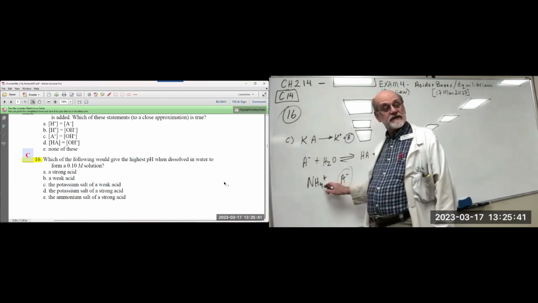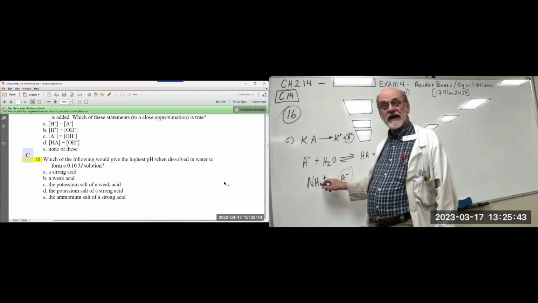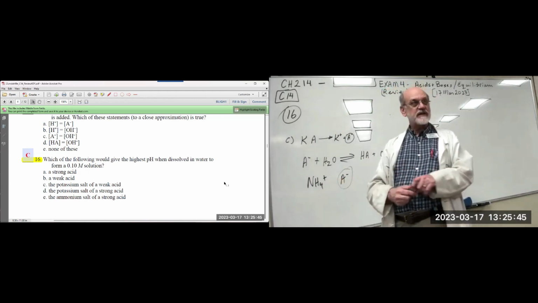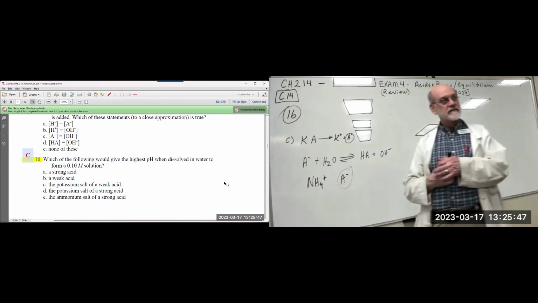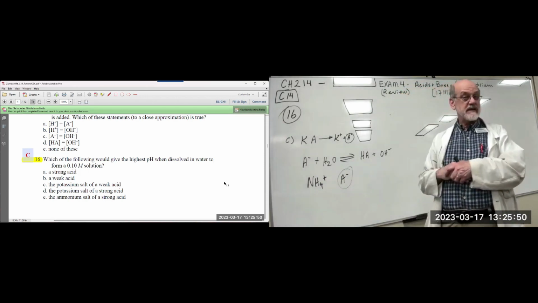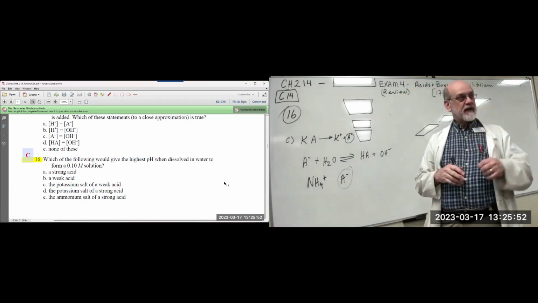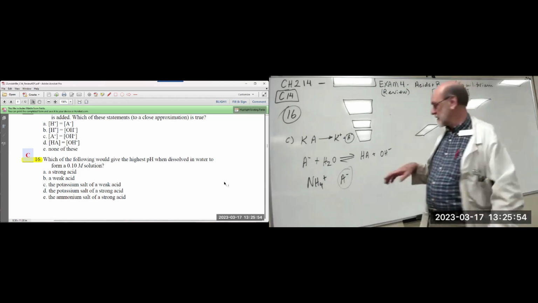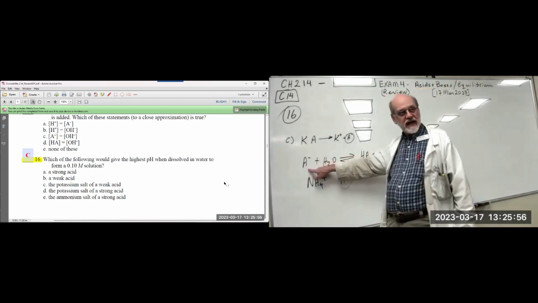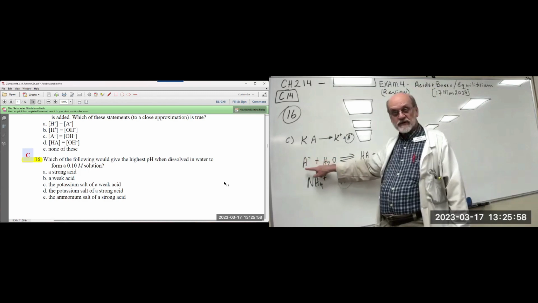And this, if it dissociates at all, is going to produce hydrogen ions. So that's going to be an acidic solution, right? So the best answer is C. The conjugate base of the weak acid is going to produce the basic solution.